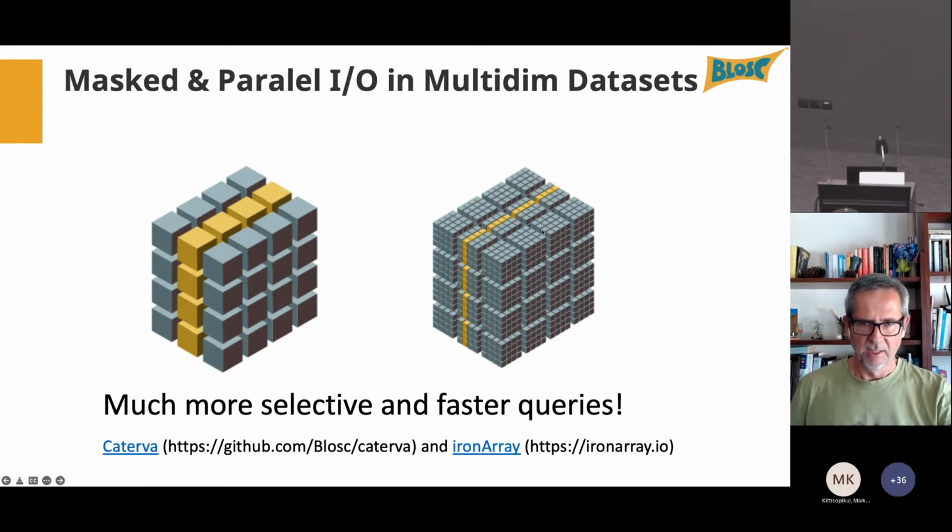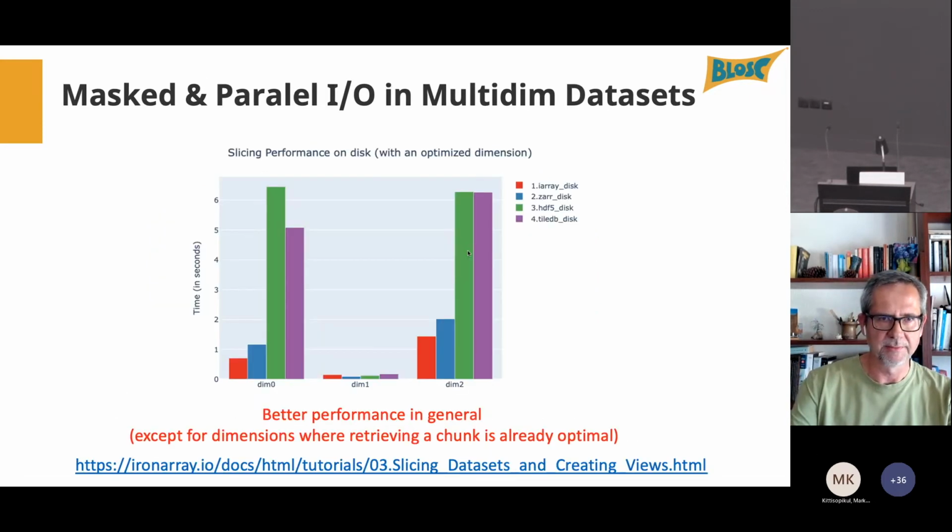Whereas if we have an additional partition level, as Caterva and Blosc2 allow, we can read only part of the data, okay? Not the whole chunk, but only the affected blocks. And that means much more selective and hence faster queries. This is the approach that Caterva and also ironArray take.